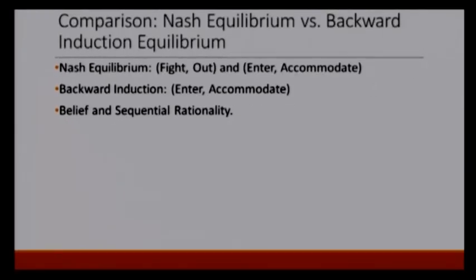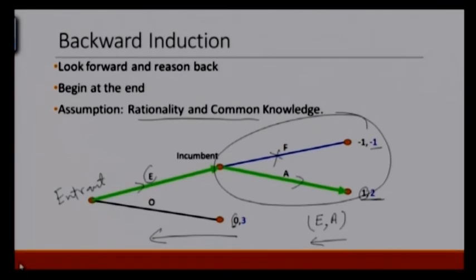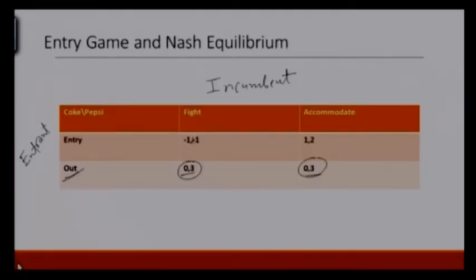Now, let us see what happens when we talk about Nash equilibrium. What is the best response of the entrant if the incumbent fights? The best response for the entrant is to remain out. Okay? And if the incumbent accommodates, then the best response is to enter. Similarly, let us look at the best response of the incumbent.